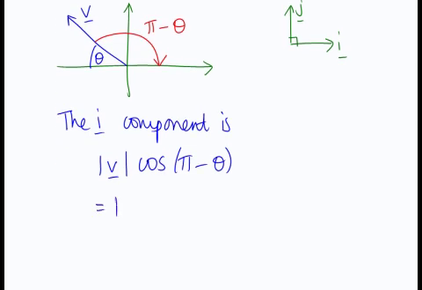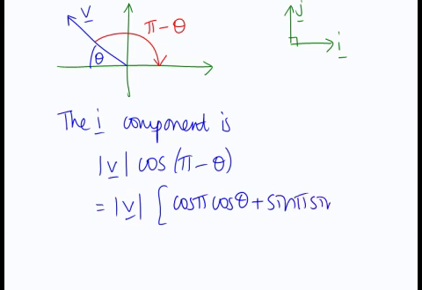I can simplify that because of the standard trig identity: cos of a minus b is cos a cos b plus sine a sine b. Then I can simplify that further because sine of pi is 0 and cos of pi is minus 1.